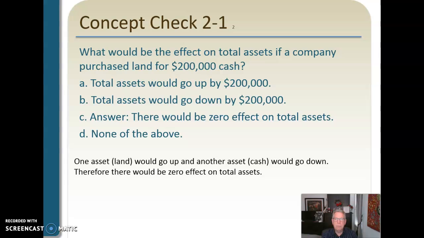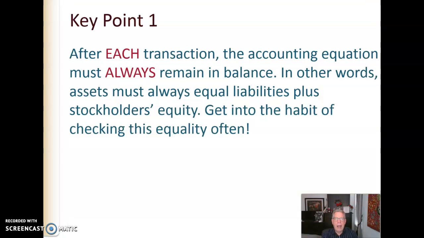Key point: after each transaction, the accounting equation always must balance. I said that earlier. Okay? In other words, the assets must always equal liabilities plus stockholders' equity. And get in the habit of thinking about that until this becomes so second nature you don't need to.